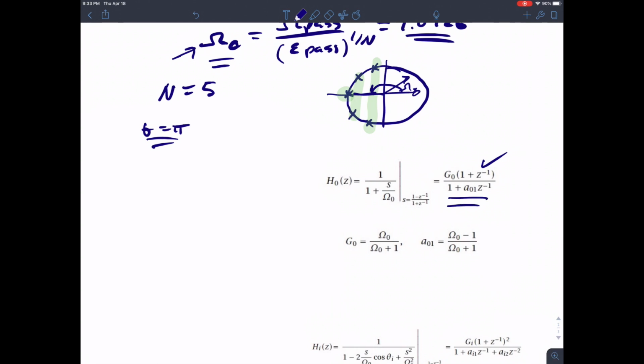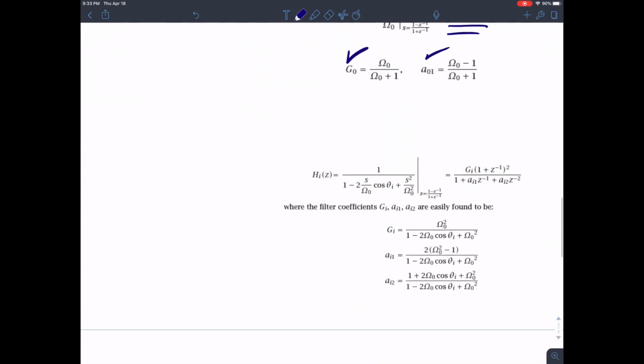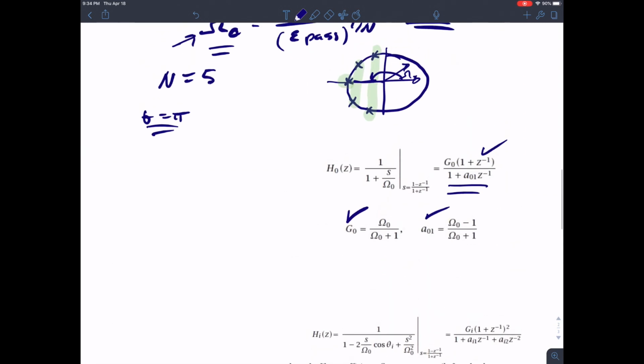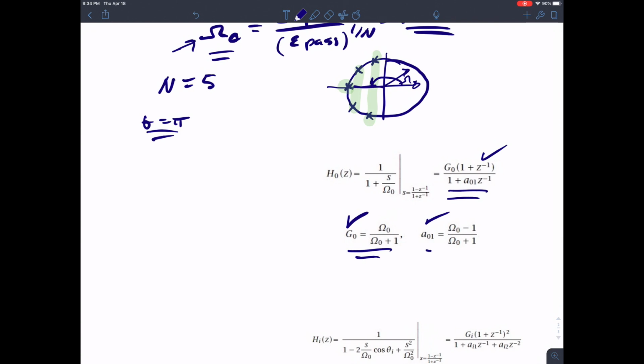All I need then is the g's and the single A01. At that point, you just plug into the formula, which is right here for G0 and for A01. I'll do that in a second in MATLAB rather than just write the numbers down.